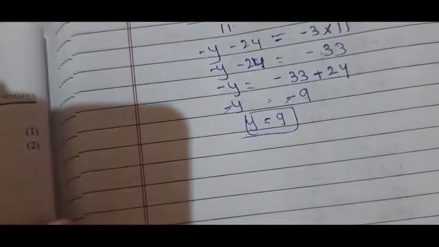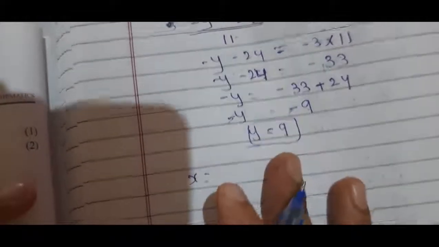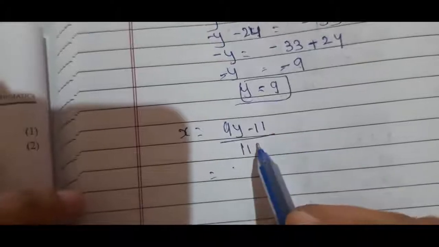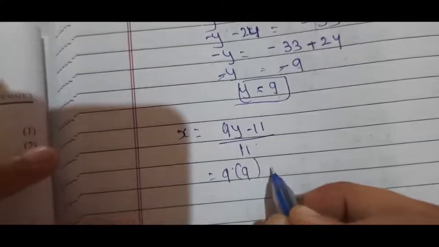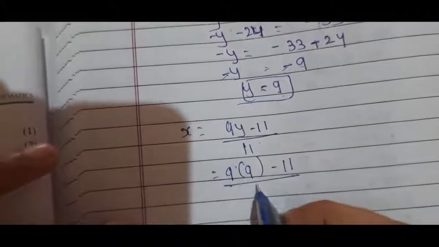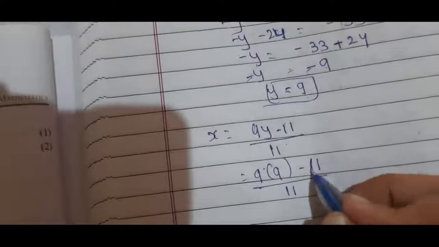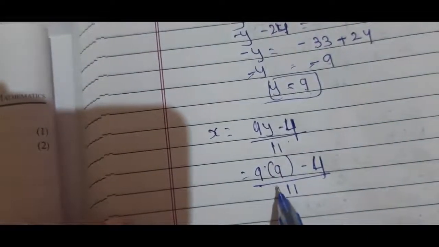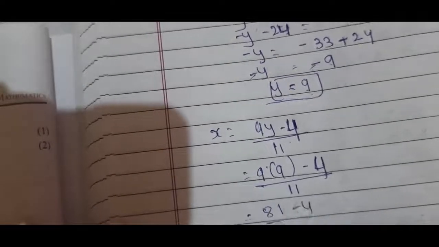y equals 9. What about x? Substituting y equals 9 in equation third: x equals 9 into 9 minus 4 divided by 11. It is 4, not 11. 9 nines are 81. 81 minus 4 divided by 11.